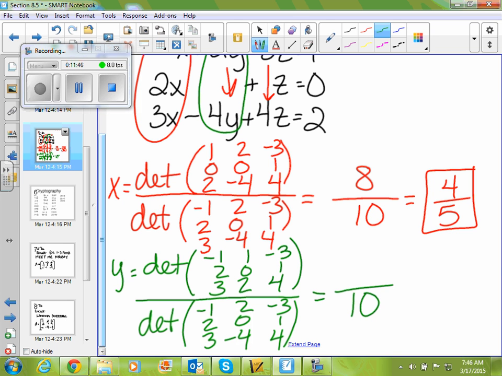So if you plug the top matrix into your calculator, you should get a determinant of -15. I reduce that fraction, and I end up with -3 over 2.